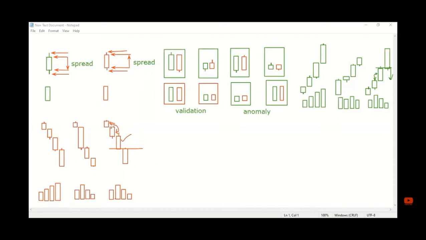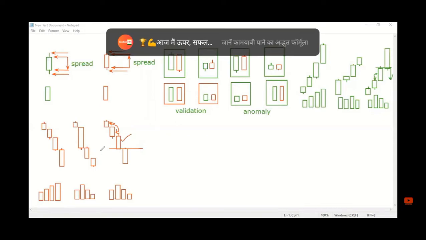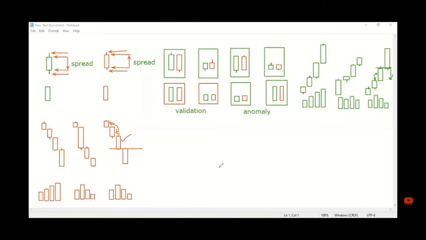So first of all, we have to know. Now we see different types of situations, different types of market in our chart, and I already explained about different types of market conditions in our chart. Sometimes we see this type of movement of the market like this one.